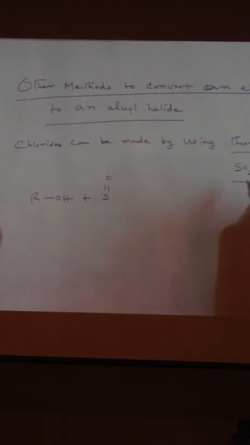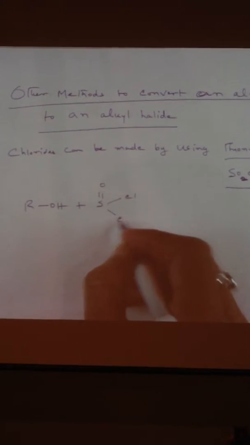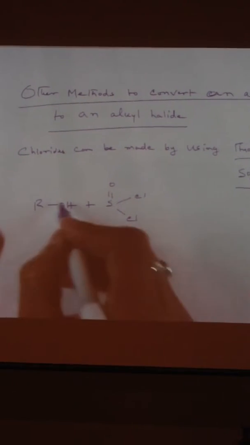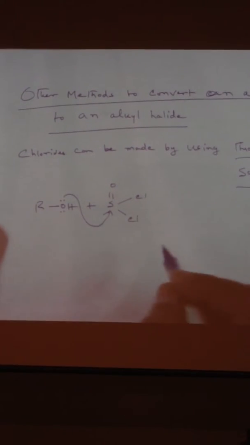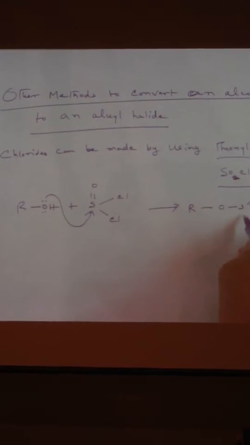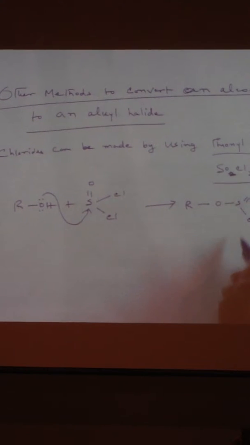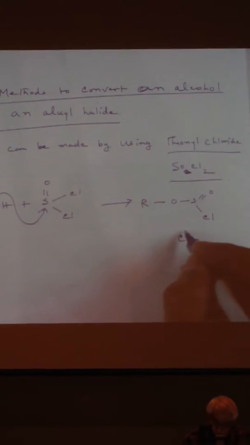If you treat it with thionyl chloride, SOCl2, the alcohol can still attack the sulfur, and it displaces one of the chlorines. So it generates ROSOCl, and then one of the chlorines is displaced as Cl minus.